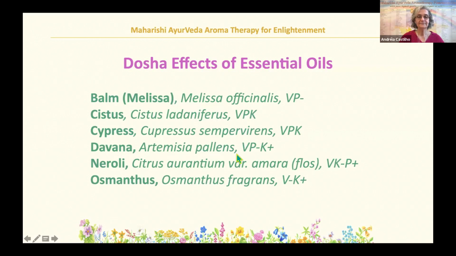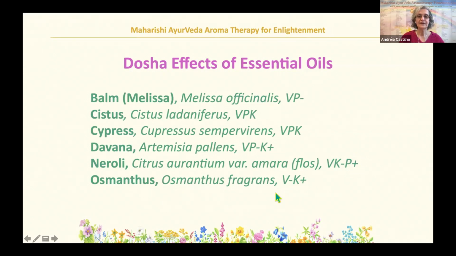Now, Davana reduces Vata and Pitta but increases Kapha. So not the best option for this person because this person is a Vata Pitta Kapha and you don't want to increase Kapha. Neroli, same thing, reduces Vata Kapha but increases Pitta, and you don't want to increase Pitta in this case.